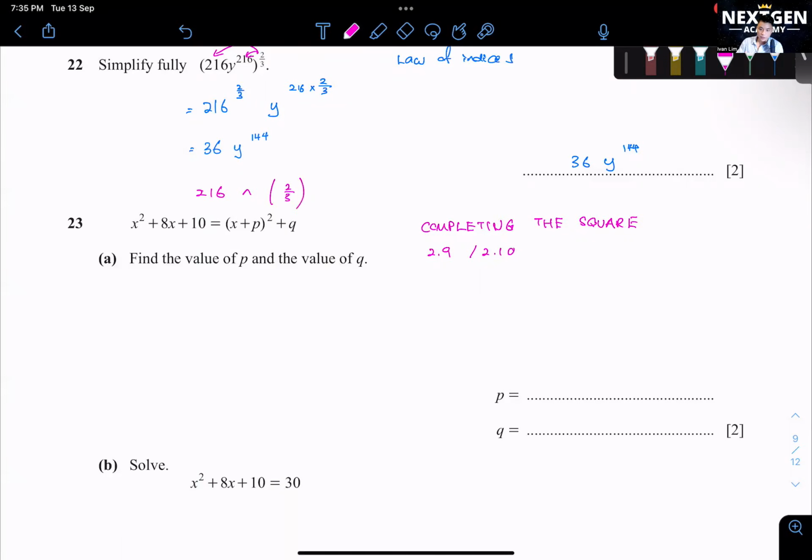If you don't put a bracket, your calculator will register it as 216 to the power of 2, then divide the whole thing by 3. So it's a different meaning. Different calculators have different input, so you need to understand how it actually works.